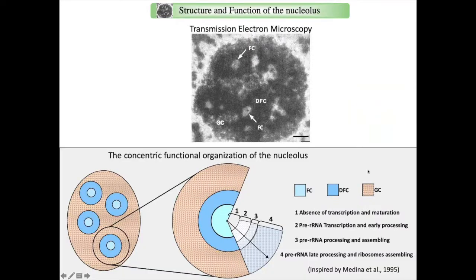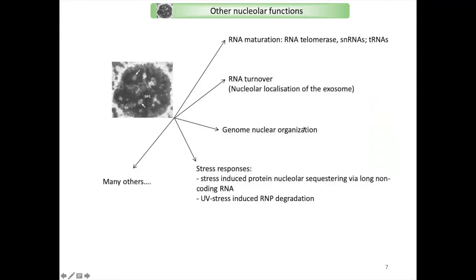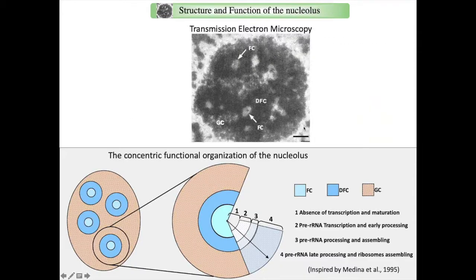As I said, these structures are closely linked to subnucleolar compartments. The more you are in the center, in the fibrillar center, the more you are in early steps of ribosome biogenesis, which start with RNA polymerase 1 transcription of the ribosomal gene precursor. Then you are in later steps in the dense fibrillar component and then in the granular component.